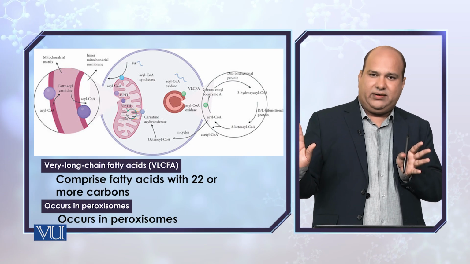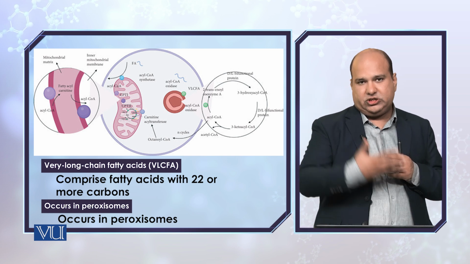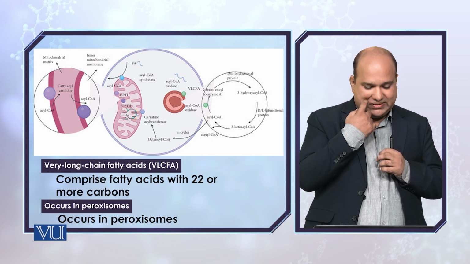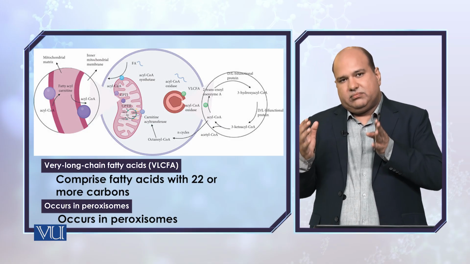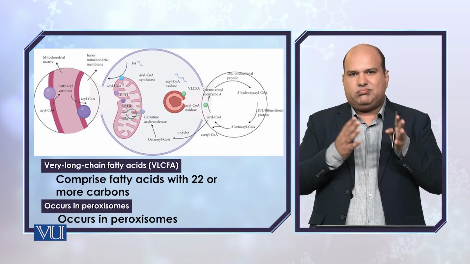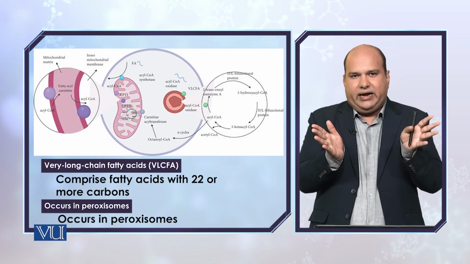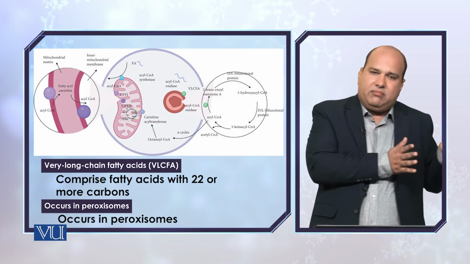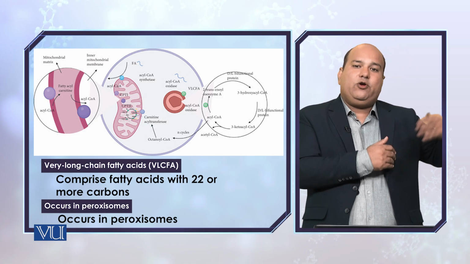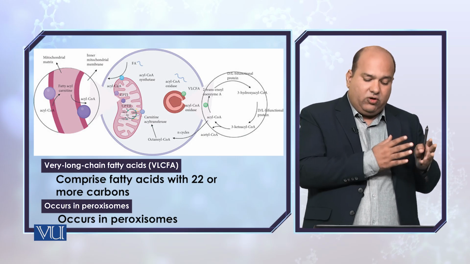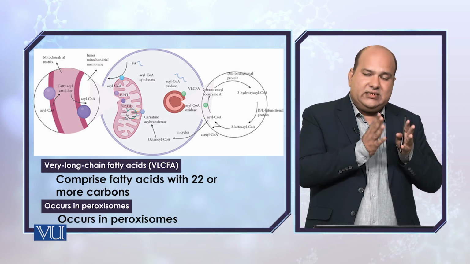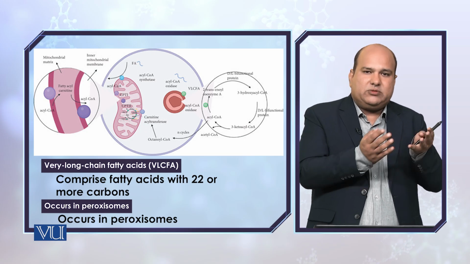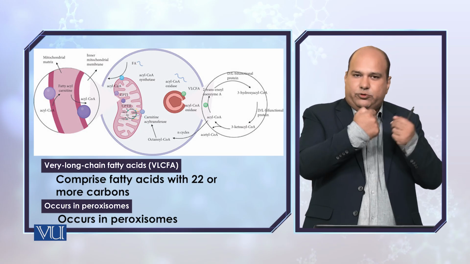Finally, one final exception to the conventional beta oxidation pathway is that usually beta oxidation is for fatty acid compounds less than 20 carbon atoms long. But what if it's even longer? That's another case, very long chain fatty acids. These very long chain fatty acids cannot be oxidized in the mitochondria because the mitochondria don't have the machinery to deal with them.